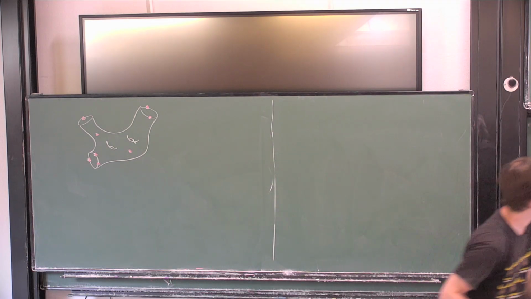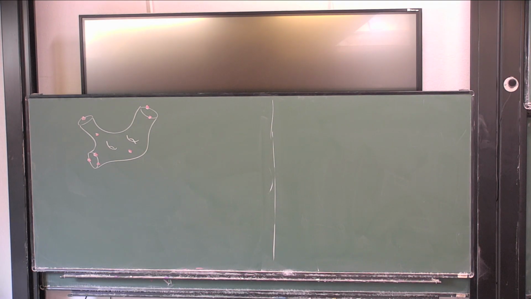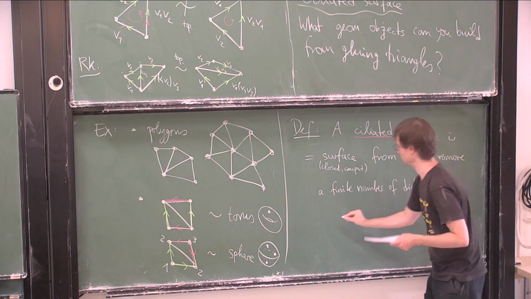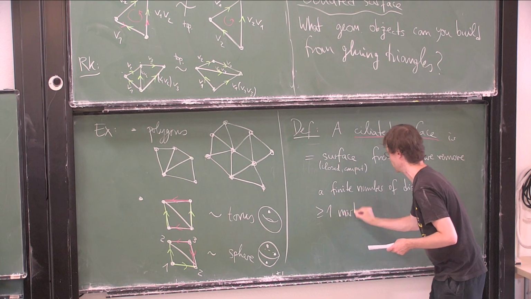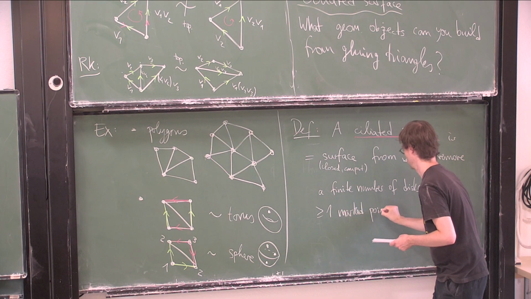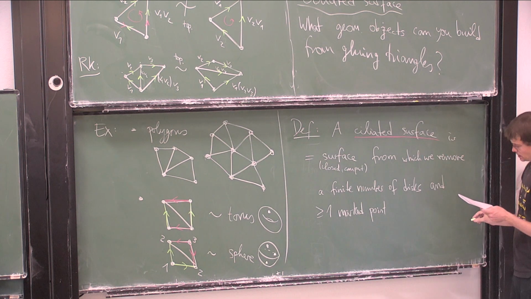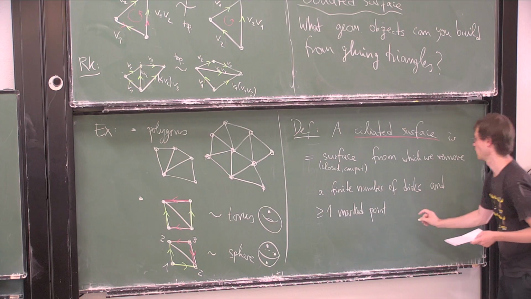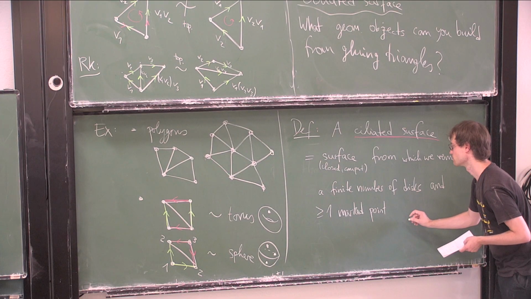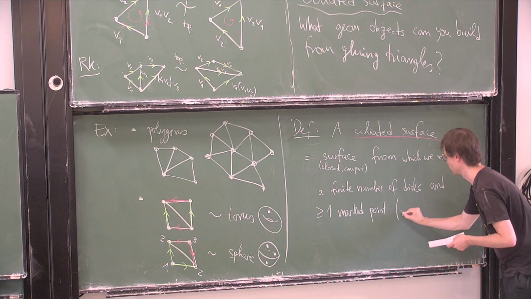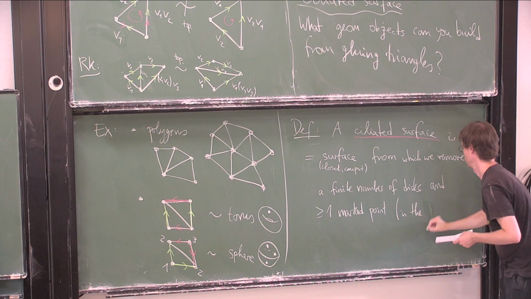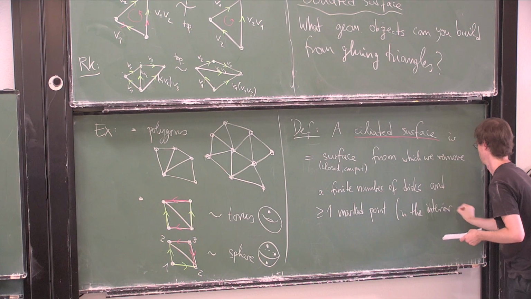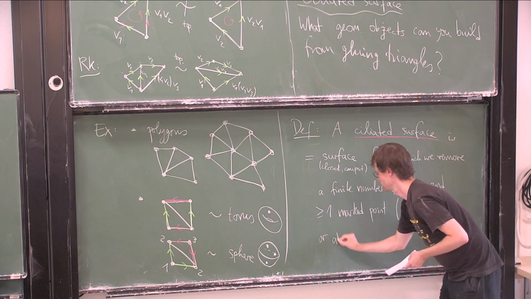And then you add these marked points, some number of them, and I remove disks and at least one marked point, in the interior or at the boundary.